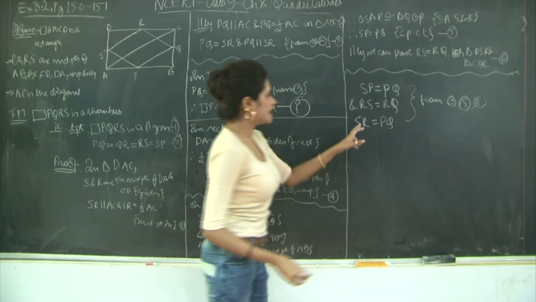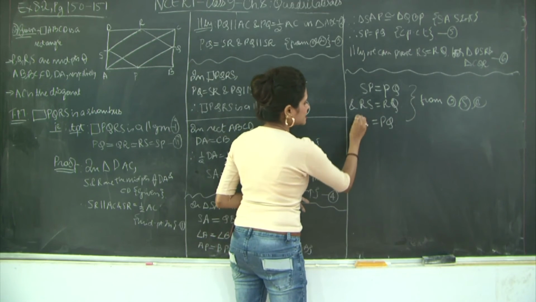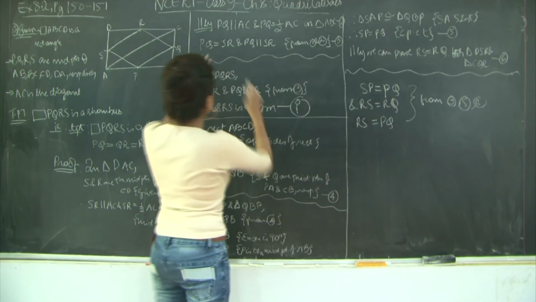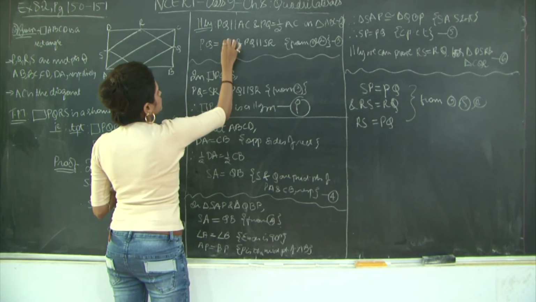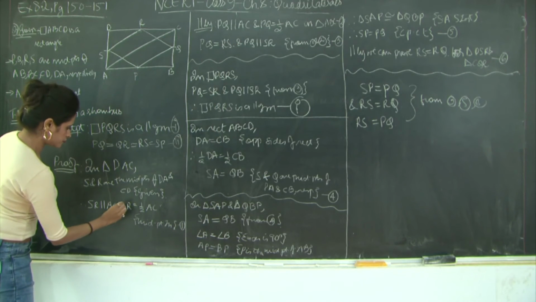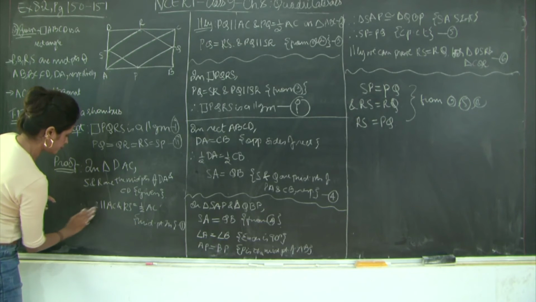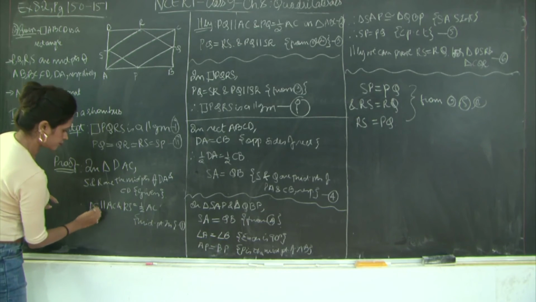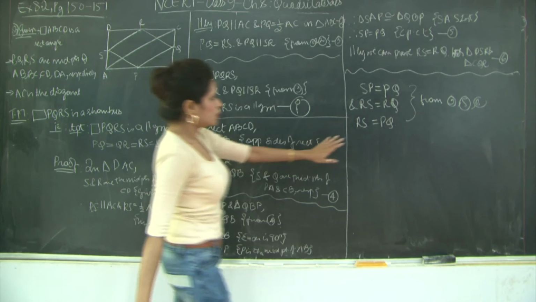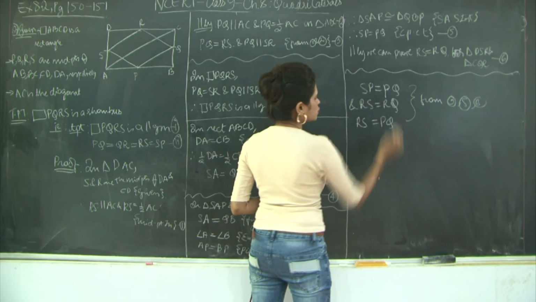Now if you notice that SR and RS are the same, right? So let me rewrite this as RS. I'll change it here also and here as well. Right? So RS is equal to PQ, RS is equal to RQ and SP is equal to PQ.